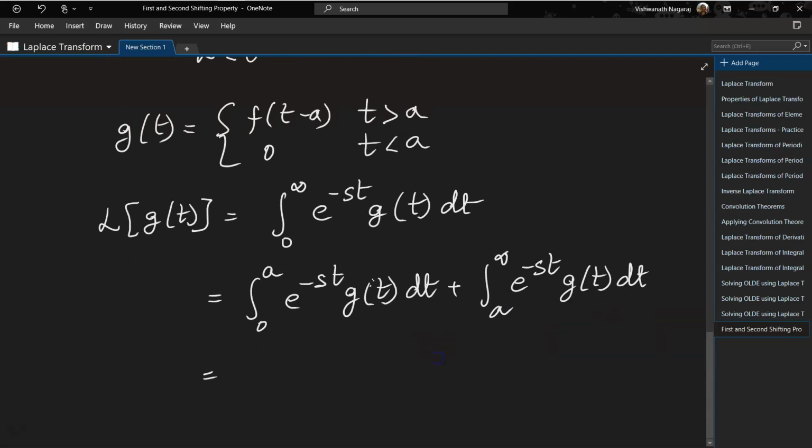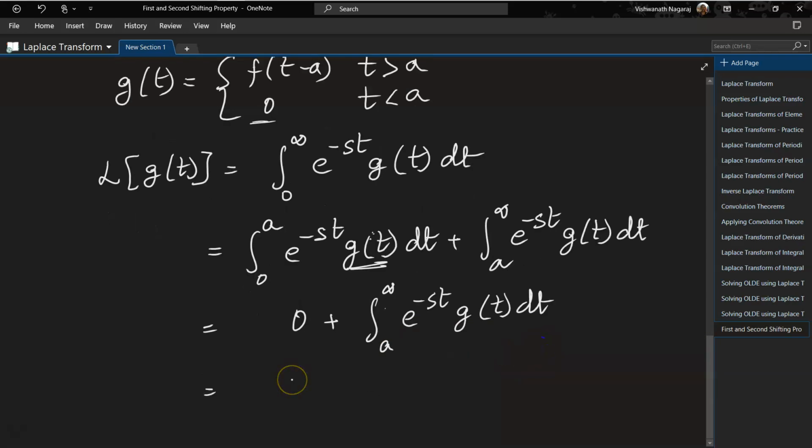Think of it like this. From 0 to a, t is less than a, so g of t is 0. That means this whole integral is 0, and we are left with the integral from a to infinity of e to the power of minus st g of t dt.